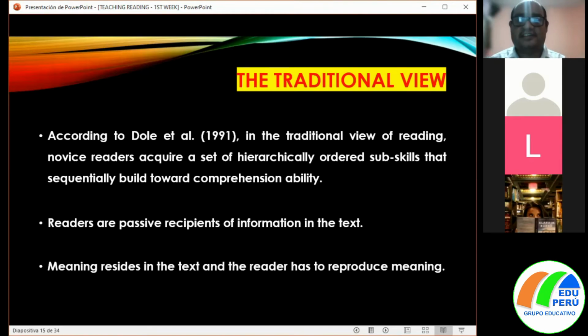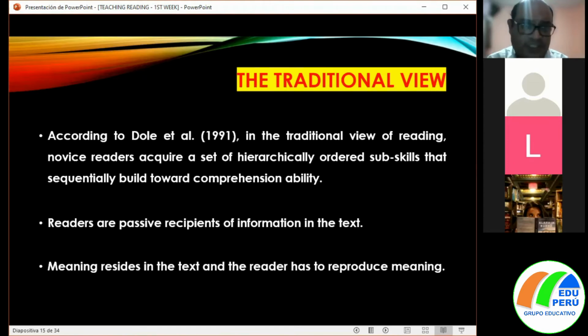As I told you before, you give a test to your students, they need to understand it and get the meaning of some messages from this test, and that's it. So they are passive readers.